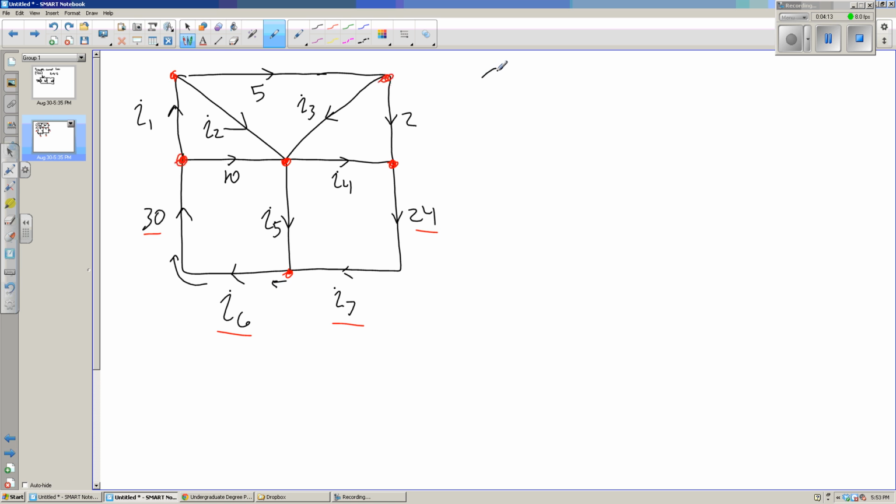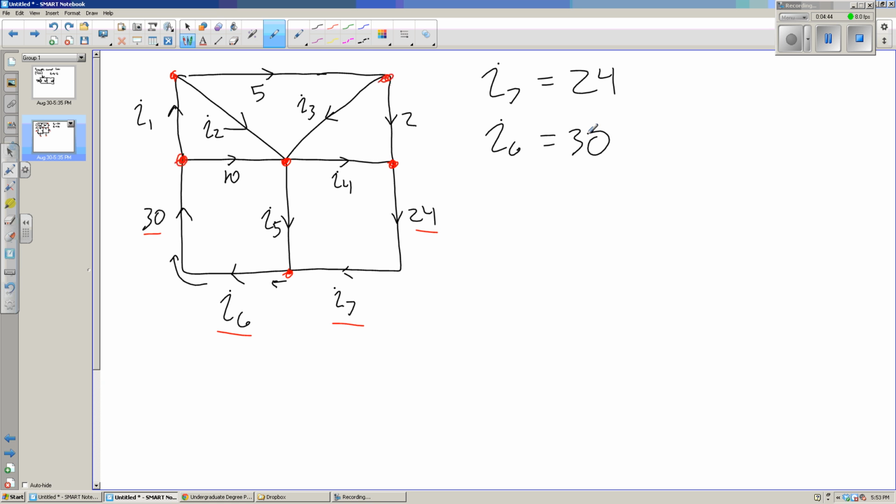So let's put them in reverse order over here: I7 is equal to 24 somethings, and I6 is equal to 30. Current can't go anywhere, so the current at the start of the wire, or the branch, must be the same as at the end. Okay, so that gives us something to work with.